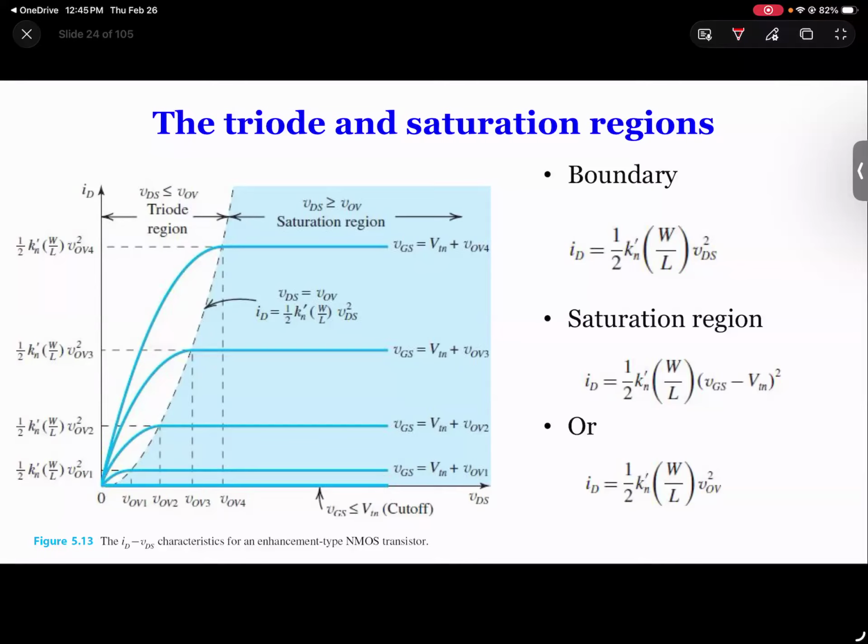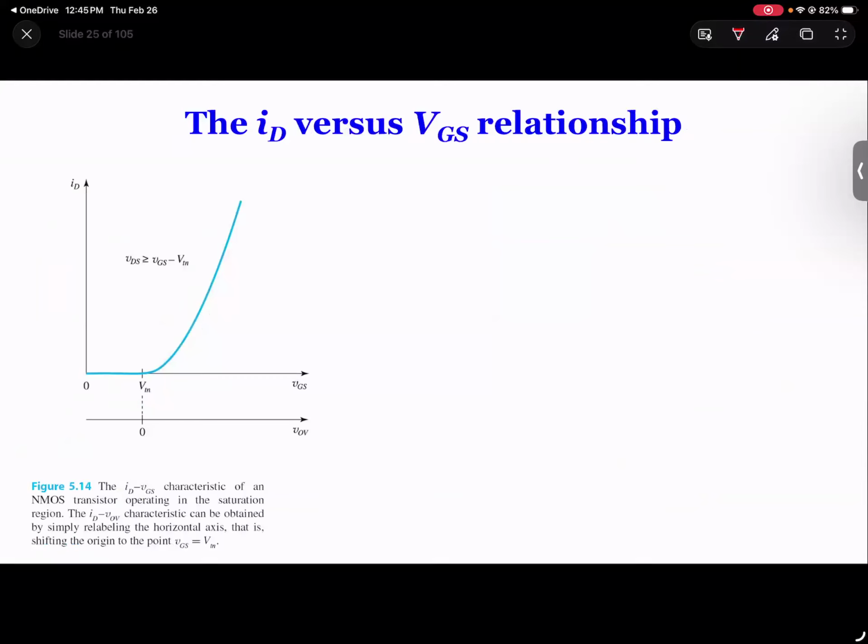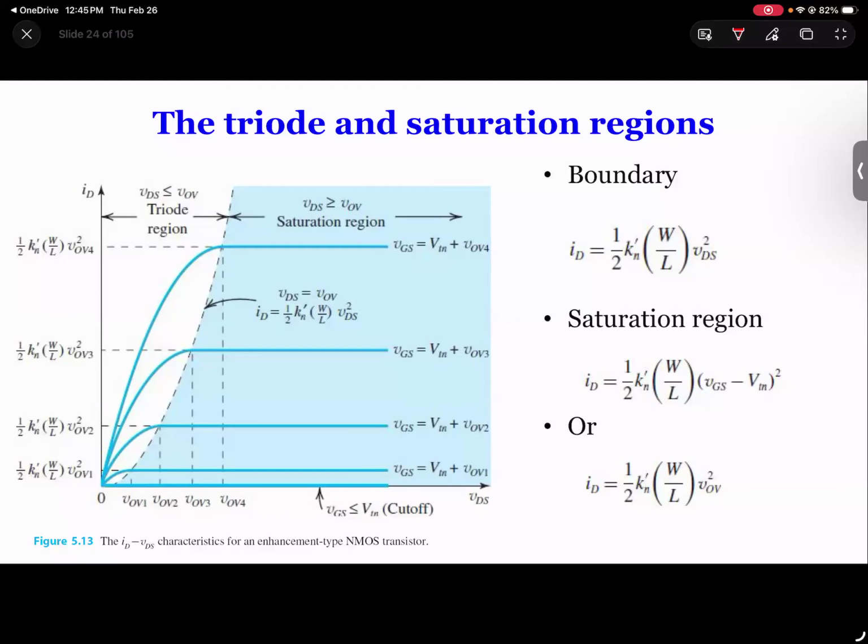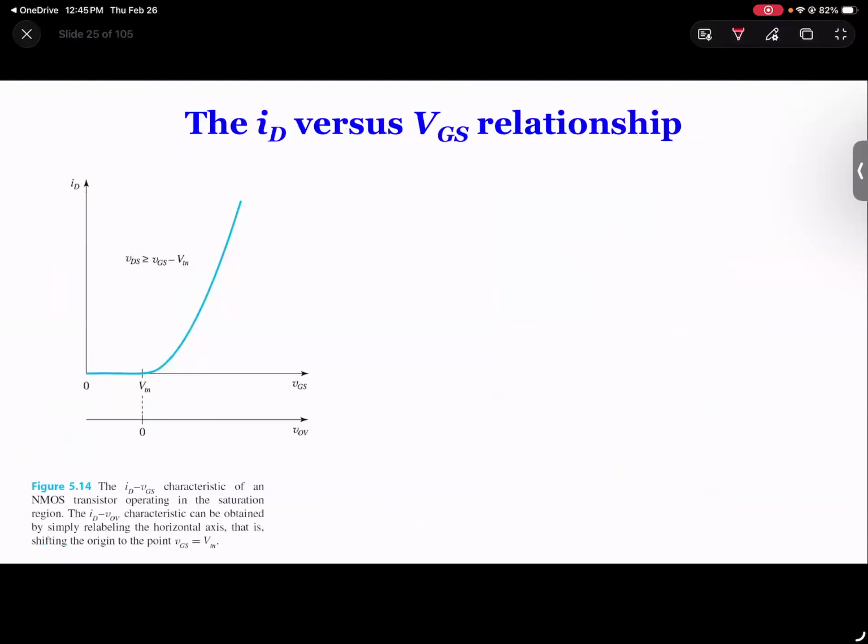But if VGS gives you VOV, you have current. When VGS increases, your VOV is different, so that's why we have different curves. From here on, basically, if you translate that, you get this curve.